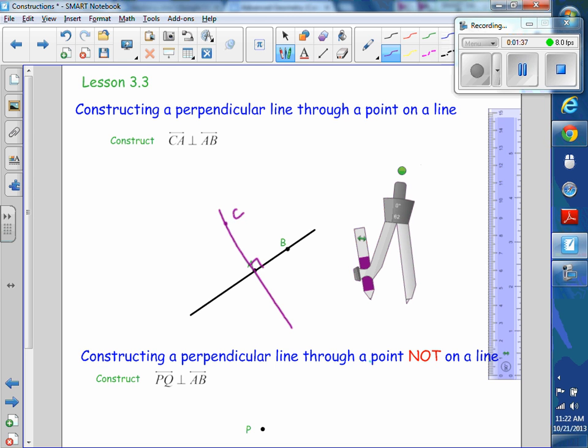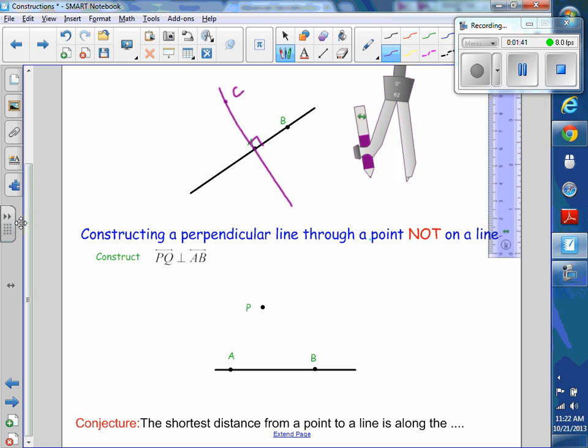Okay, just want to show you something else. The next one says construct a perpendicular line through a point not on the line. So you want to make PQ perpendicular to AB, but it's got to go through P, so it would be like this. Then you would label this point Q. So they look sort of the same in the end, but they're different.